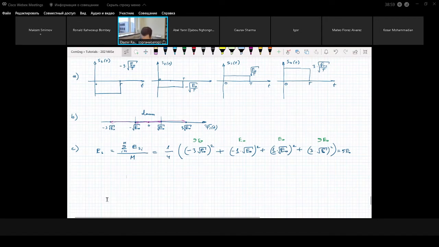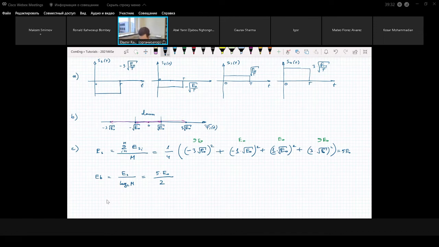The question was to find the mean energy per bit, but it's not difficult. We take the mean energy per symbol and divide by the logarithm base 2 of the number of components in our alphabet, or simply, how many bits are inside every symbol. We divide by 2, because we have 2 bits in every symbol.